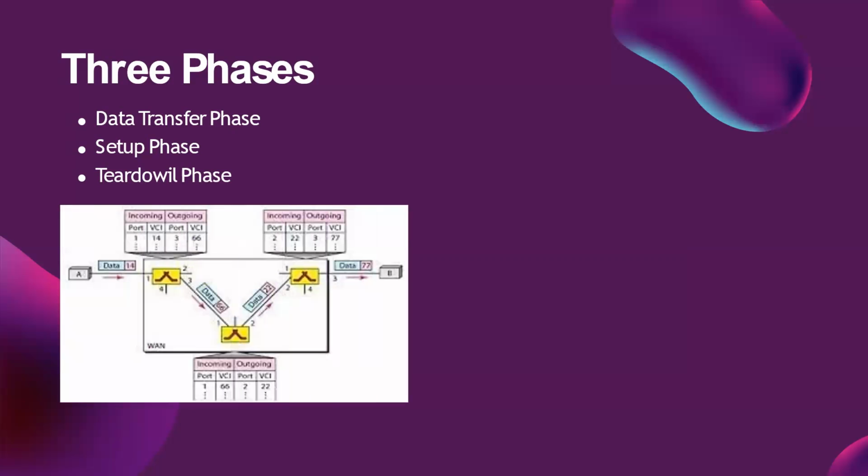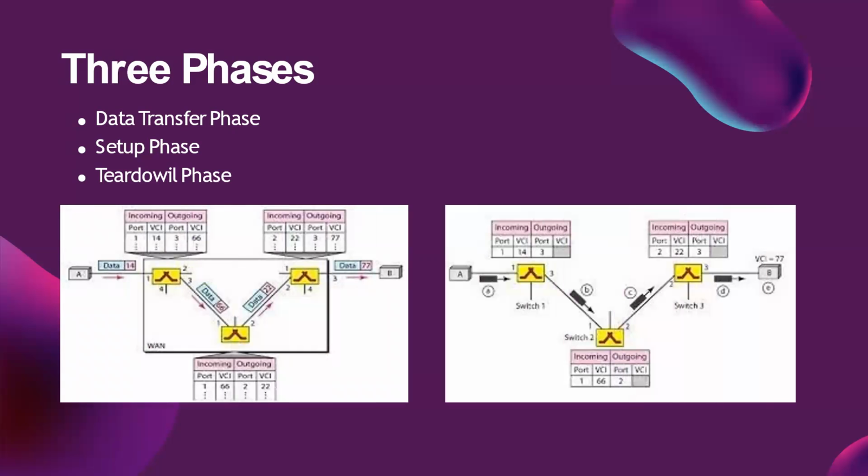Now we are going to see the three phases: the data transfer phase, the setup phase, and the teardown phase. In the data transfer phase, a frame is transferred from a source to its destination.